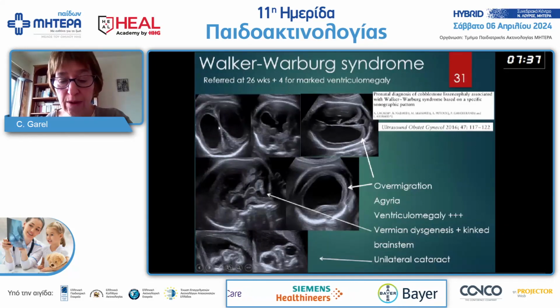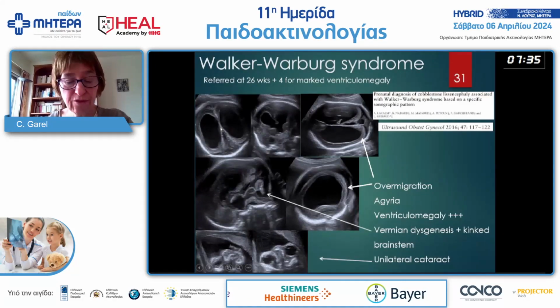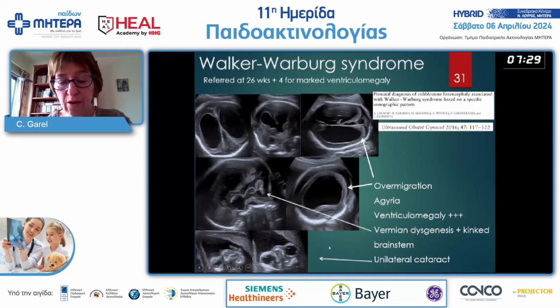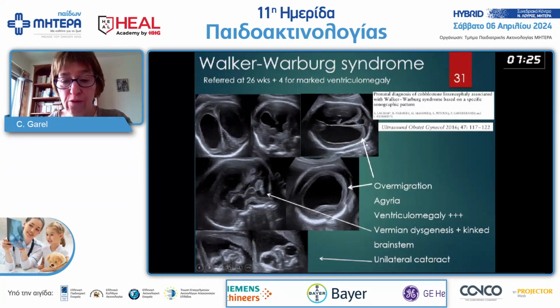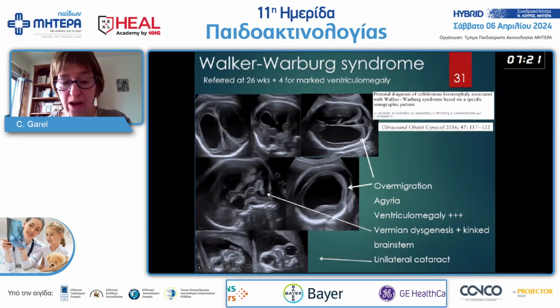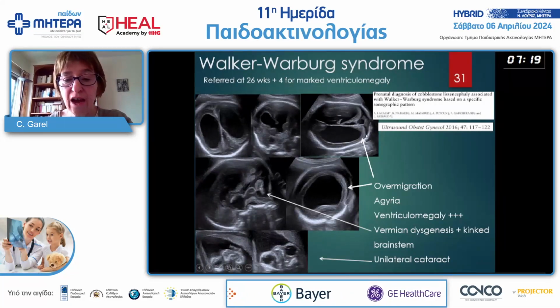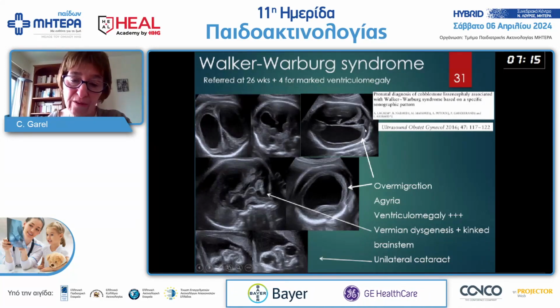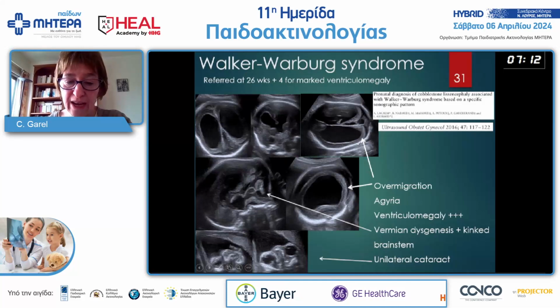Walker-Warburg syndrome is a type 2 lissencephaly, and here are the main features of Walker-Warburg syndrome on prenatal ultrasound. Due to overmigration, there is thickening and marked echogenicity of the parenchyma between the enlarged ventricles and the cortex.